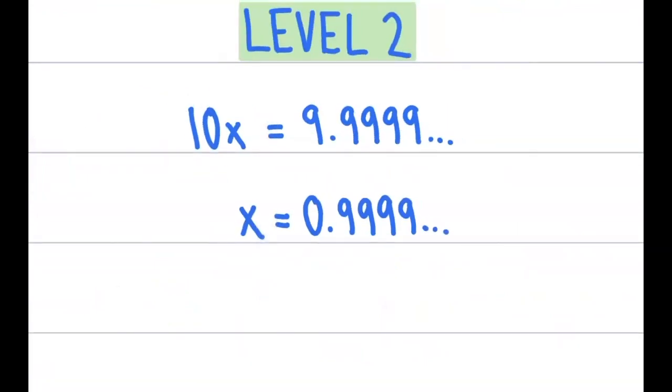One thing to notice is that you still have an infinite number of nines after the decimal point for both cases. It's not like we're losing a nine, because if you have an infinite number of nines and you take one away, you still have an infinite number of nines. And I'm going to subtract these two.